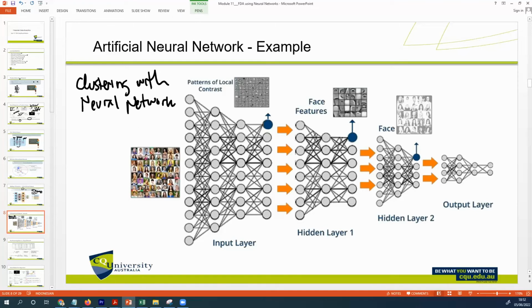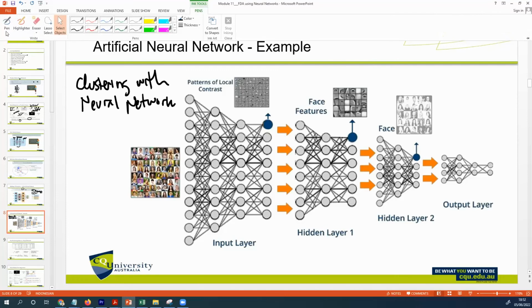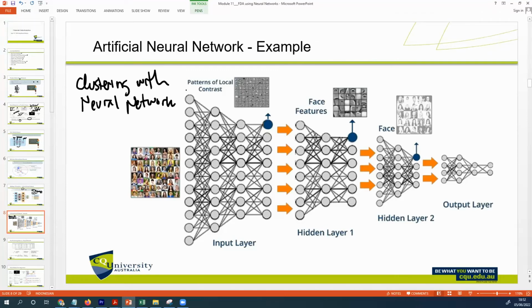So in the face recognition, you want to check. Let's say the input is the distance between the left eye and the right eye. What is the distance between eye and ear?